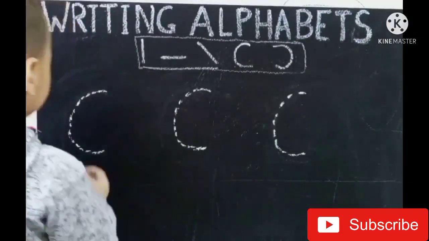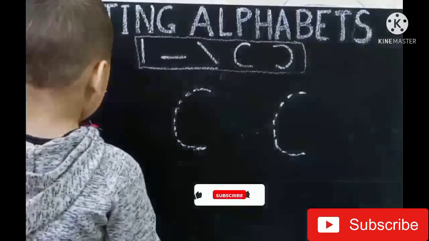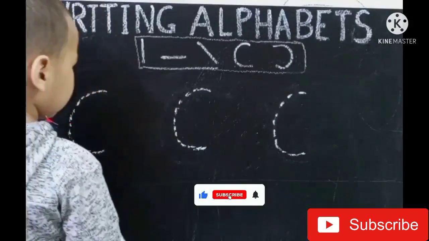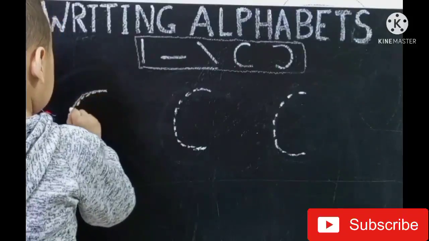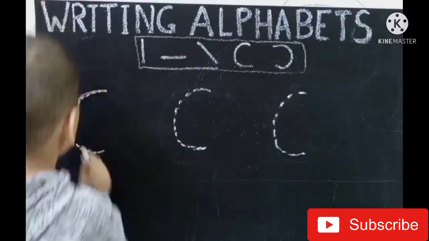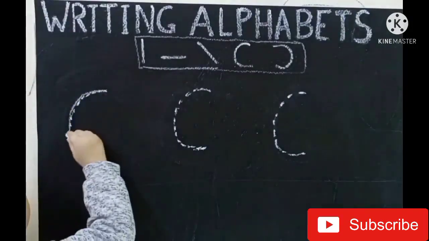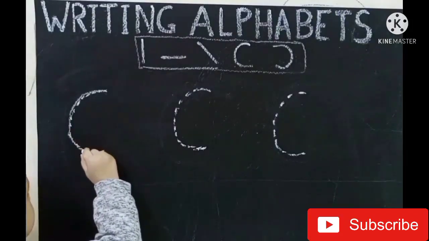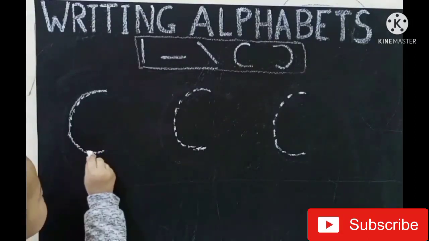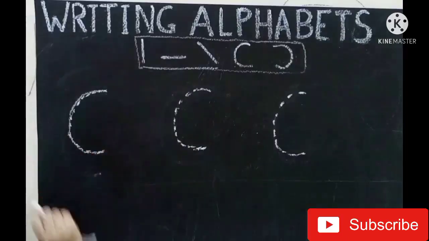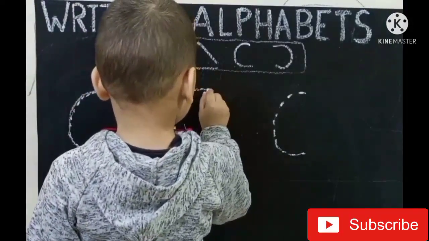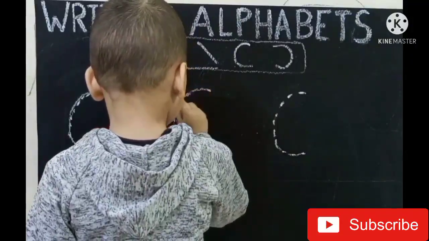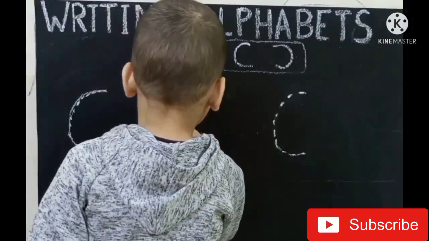To make letter C, you have to draw a curve. Arav, draw the curve to make a letter C. Good. Next. Trace the dots, okay? Slowly, slowly.